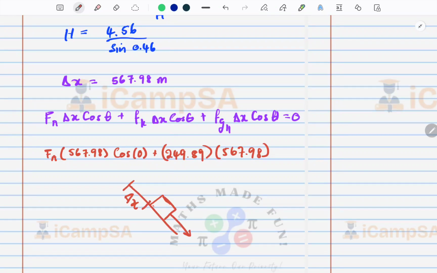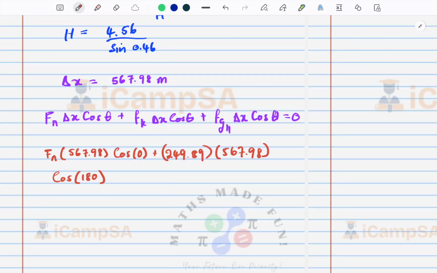So the angle between this displacement and this FK is from here to here. That means this is going to be 180 degrees. So for your FK, you're going to have cos 180 degrees. You should expect the same thing for FG parallel, right?